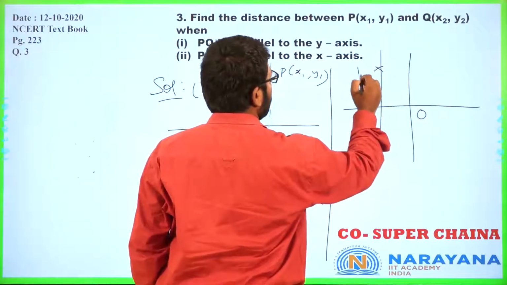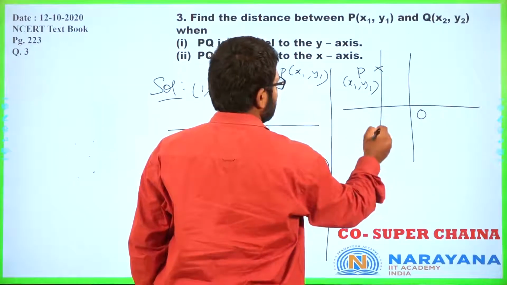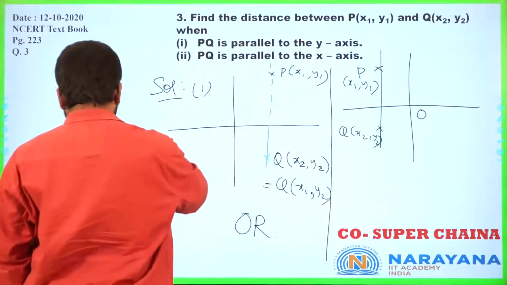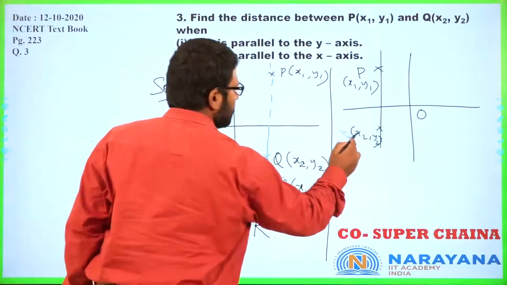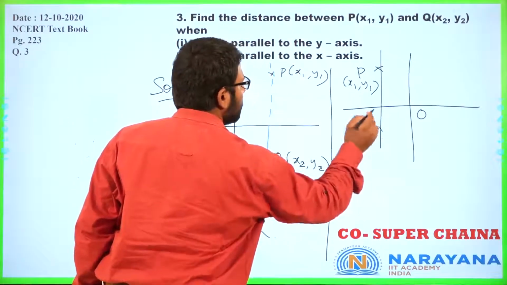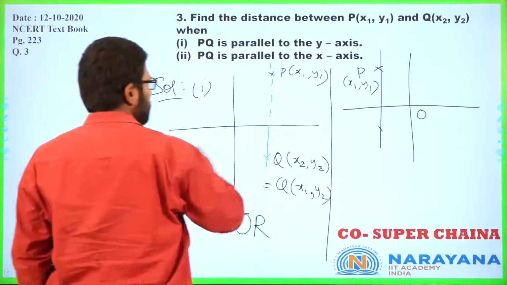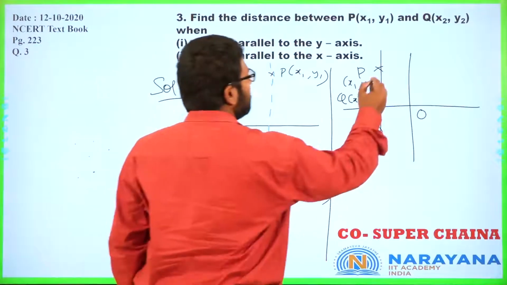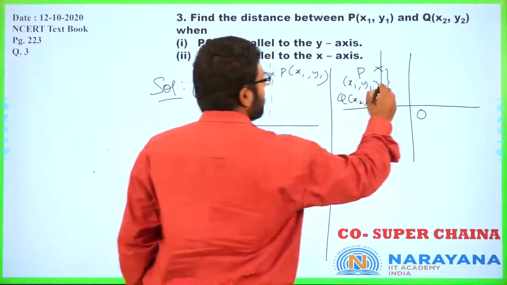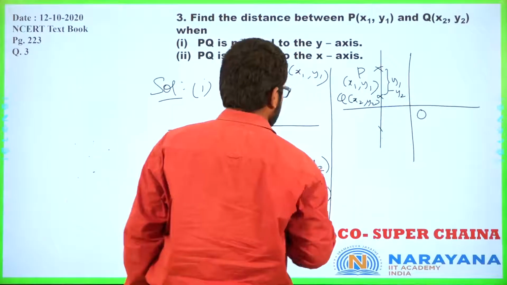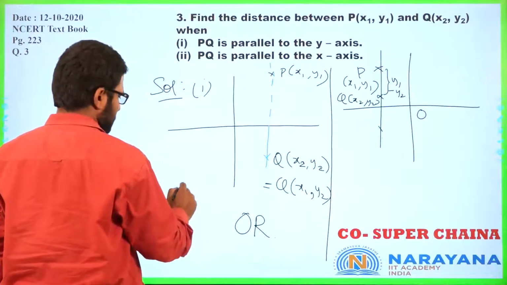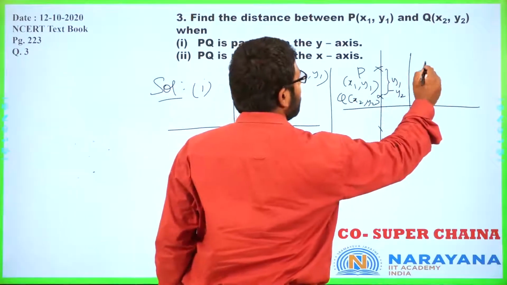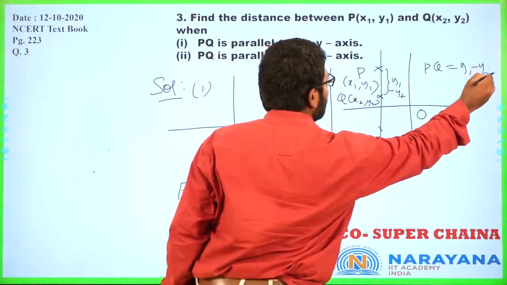See, this is the origin, this is a point P, x1 comma y1, and Q, x2 comma y2. I should have taken Q up. So this time this distance would be what? y1 minus y2, right? So here PQ would be mod y1 plus mod y2, but here PQ is y1 minus y2.